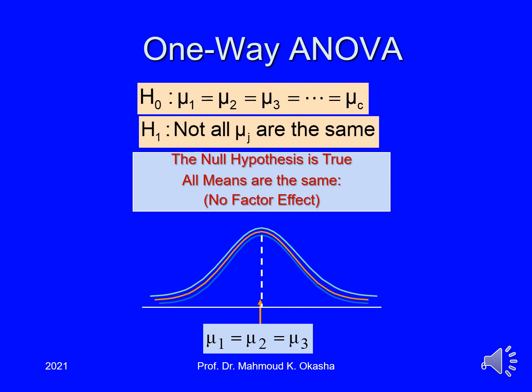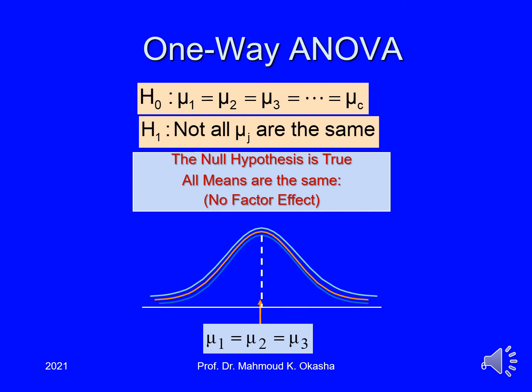So one-way analysis of variance again: the null hypothesis is mu1 equals mu2 equals mu3, and if you have more, they will follow. The alternative hypothesis, H1 or HA, is not all mu j are the same, for j equals 1, 2, 3, and so on.